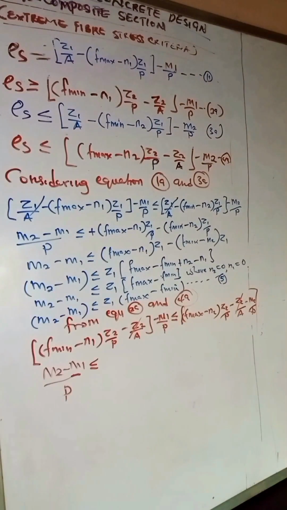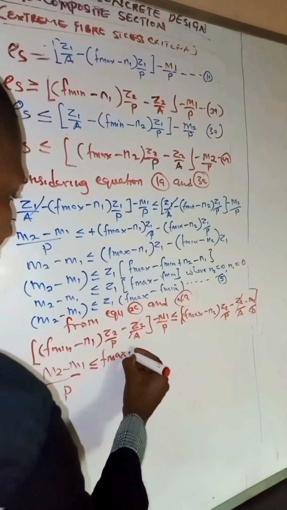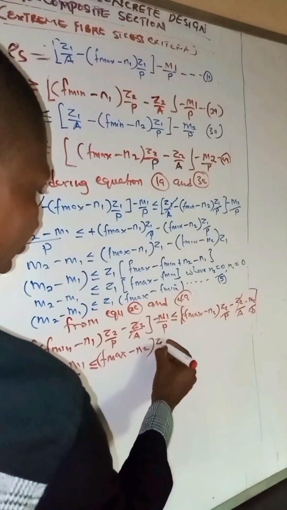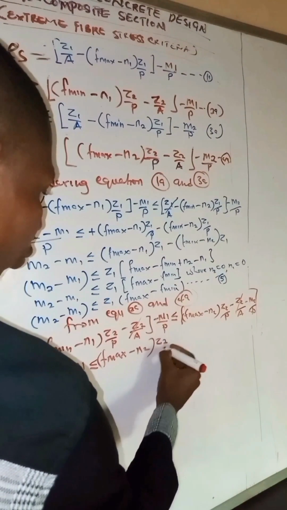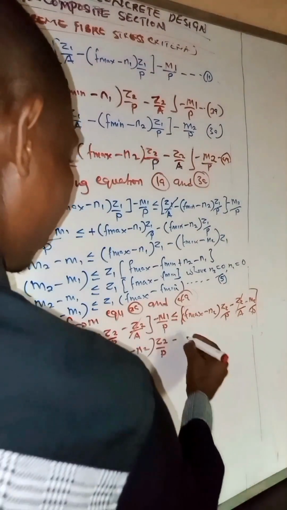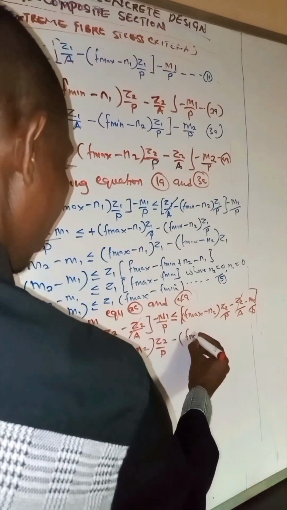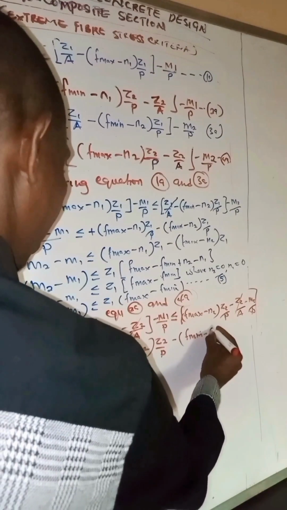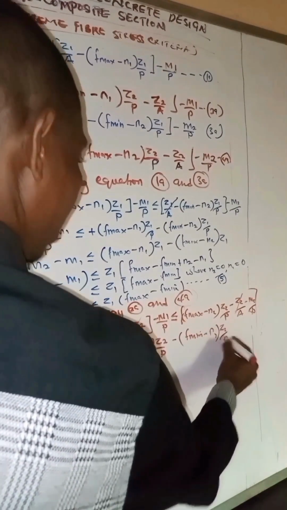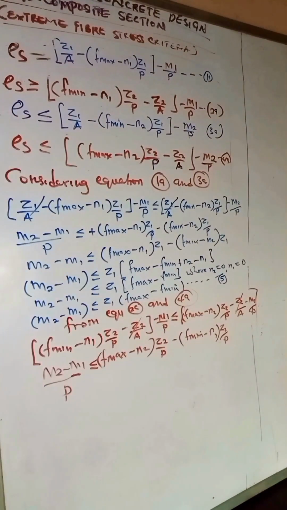So we have F maximum minus N2, bracket Z2 over P, then we have minus F minimum minus N1, Z2 over P. So expressing it, we have this expression.